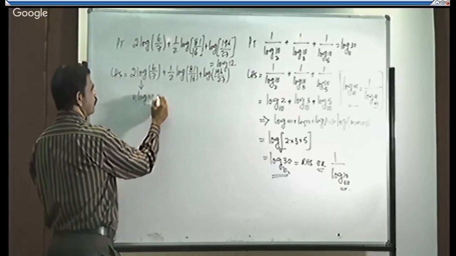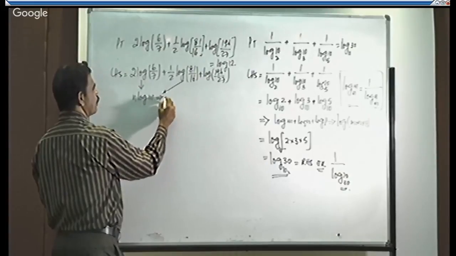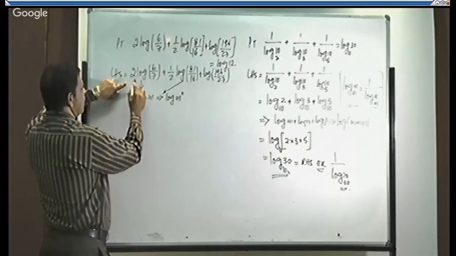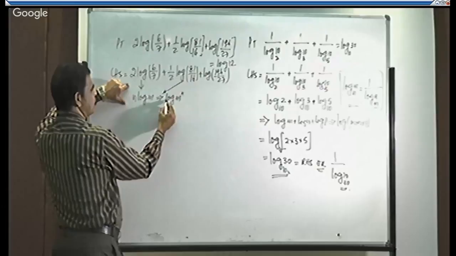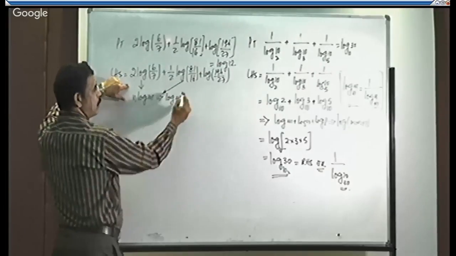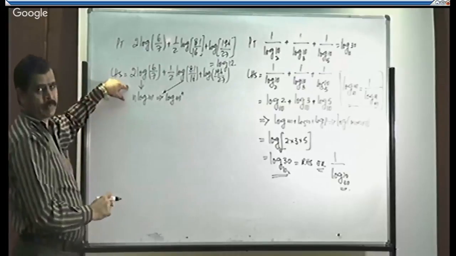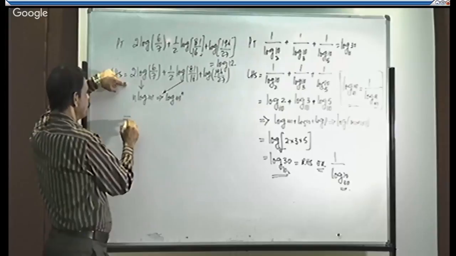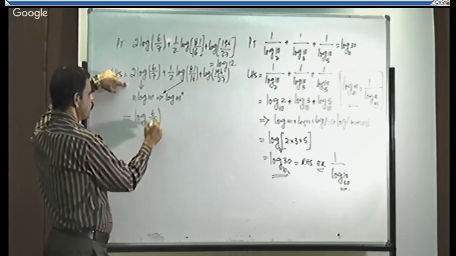And this is also. For both, we should take them as log m to the power of n. N log m is always equal to log m power n. Write first these two terms according to this law. So according to this law, the first two terms become log of 6 divided by 7 whole to the power of what?